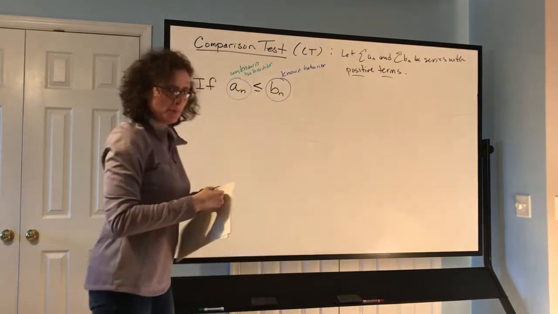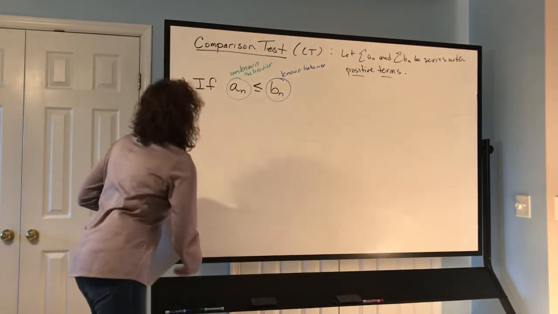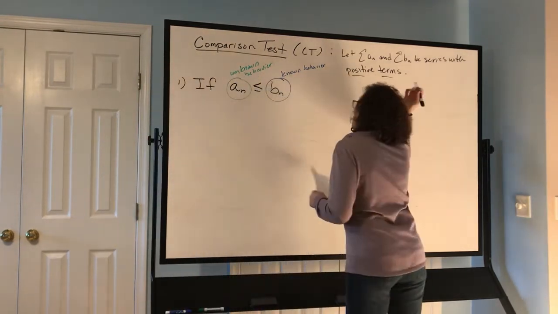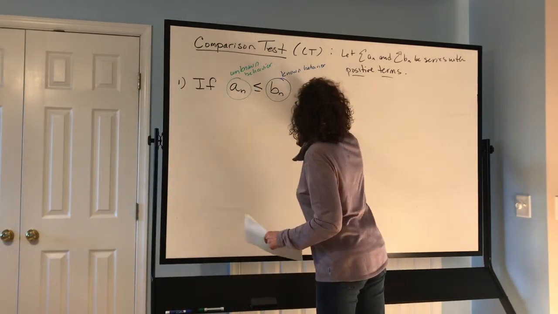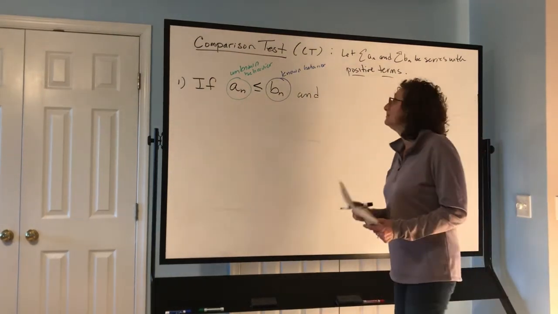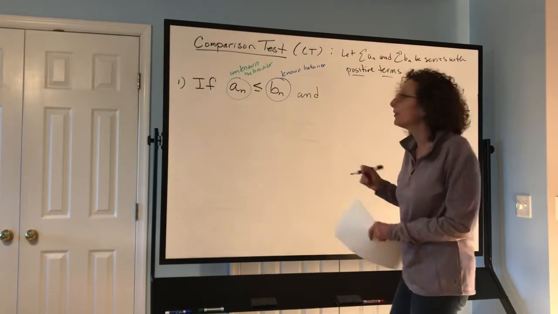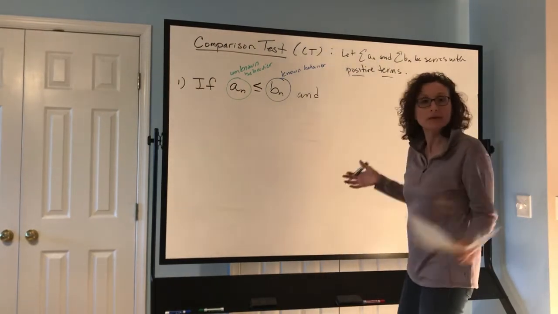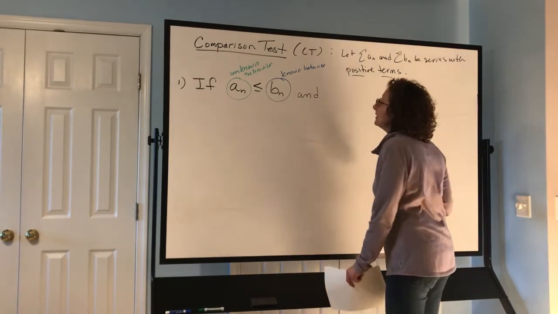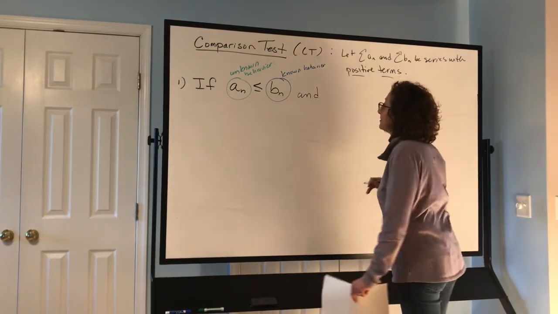You're kind of coming up with the known behavior guy. So if the a_n's are less than or equal to the b_n's for all n, or at least for all n eventually, it doesn't matter if it's not true for the first several hundred even, but eventually the a_n's are always less than or equal to the b_n's.